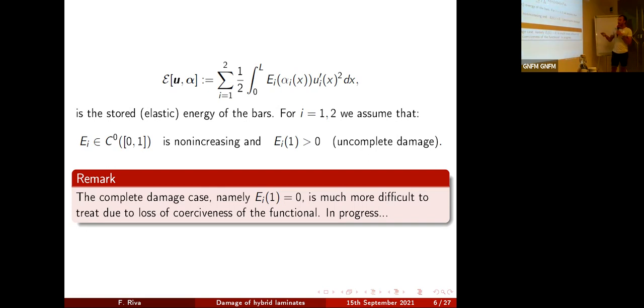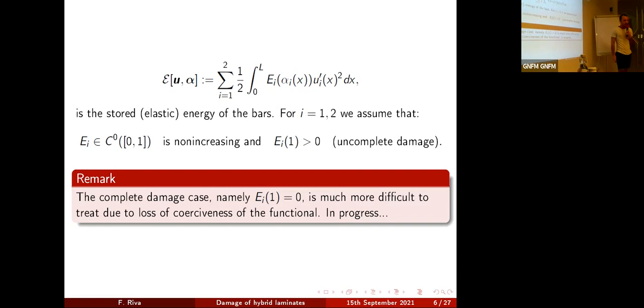And the elastic modulus here is assumed to be a function of the damage. We assume that it is a continuous, increasing function because, let's say, the more the material is damaged, the less elastic energy it possesses. We also make this technical assumption that the minimum of this function is positive.